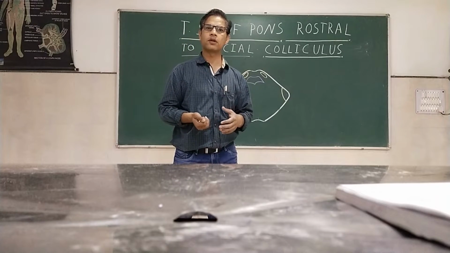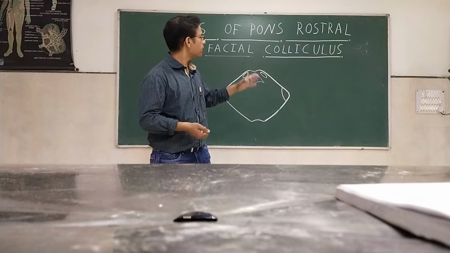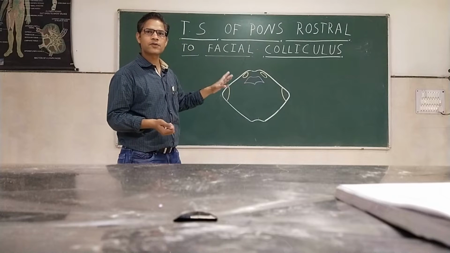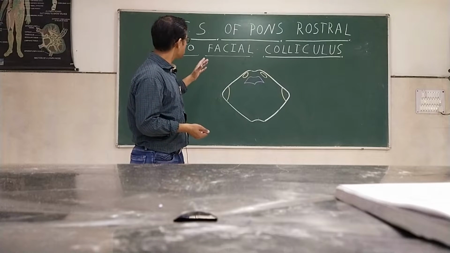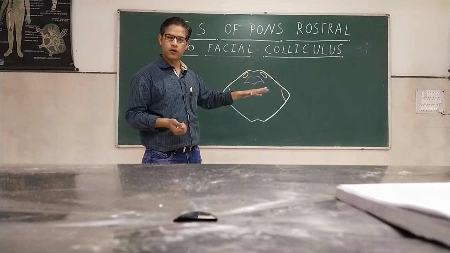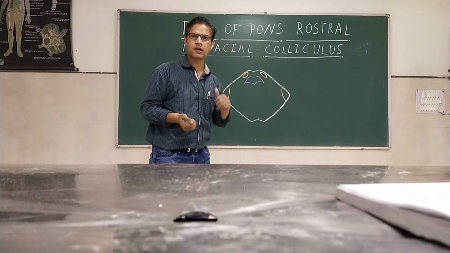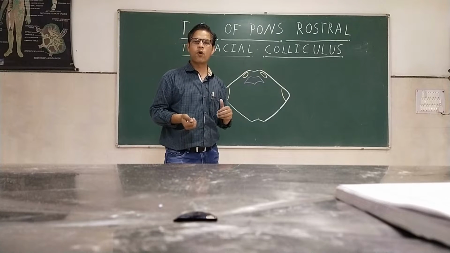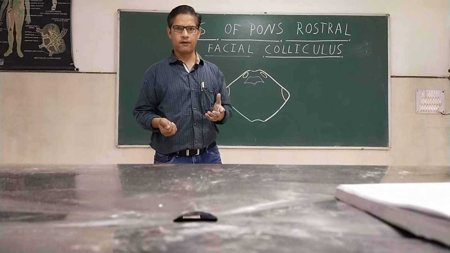We are discussing the pons rostral to the facial colliculus, a transverse section at the pons level above the facial colliculus, and what the characteristic features of that level are.